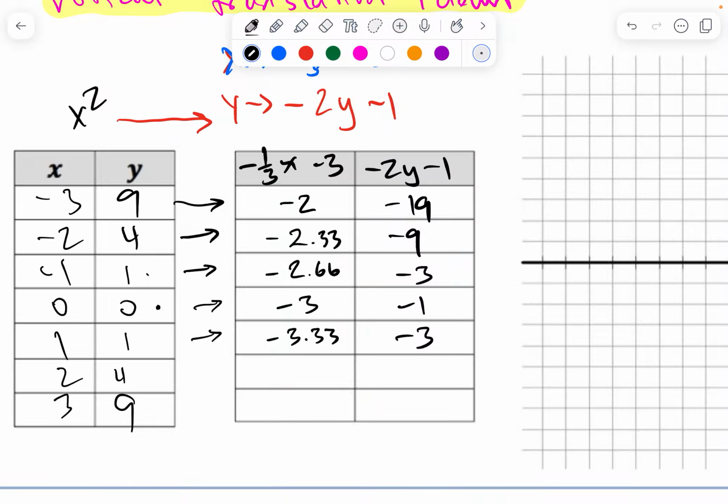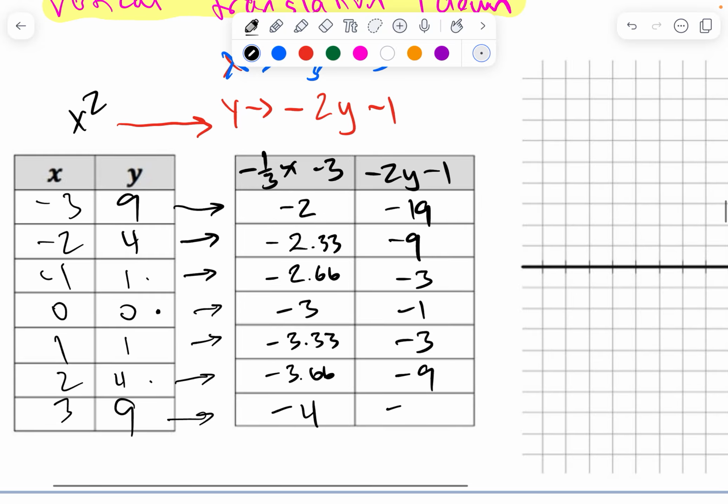When x is 2, -1/3 times 2 is -2/3. Take away 3 is -3.66. And then when y is 4, -2 times 4 is -8. Take away 1 is -9. And then finally this one, when x is 3, -1/3 times 3 is -1. Take away 3 is -4. And then this one is -19.